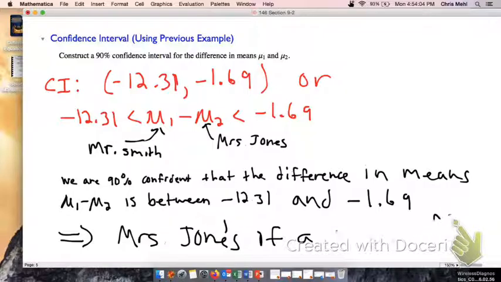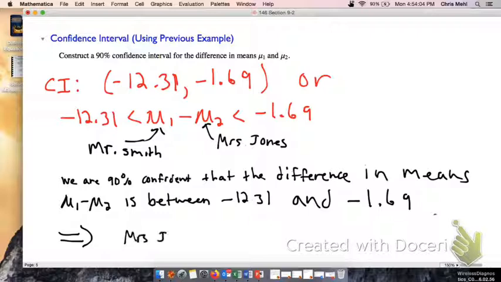I'm going to run out of room, I've got to rewrite that, sorry. Mrs. Jones is a more effective teacher.